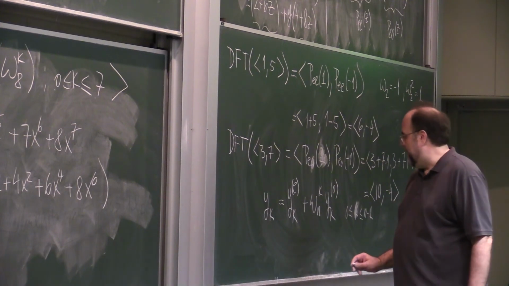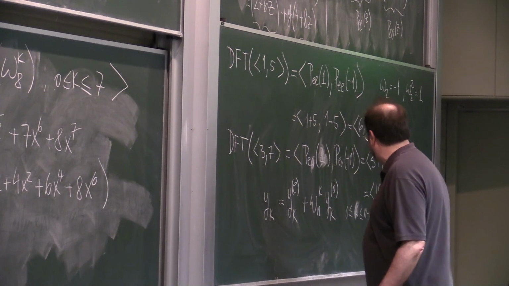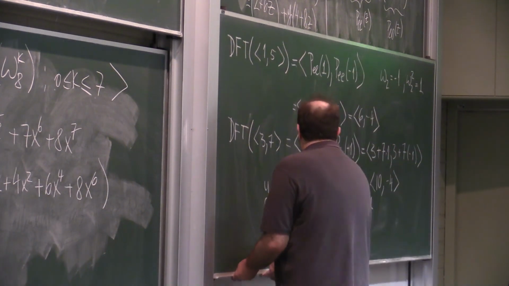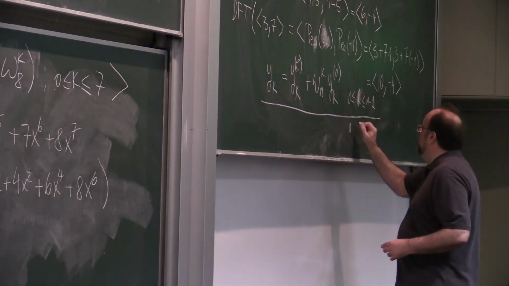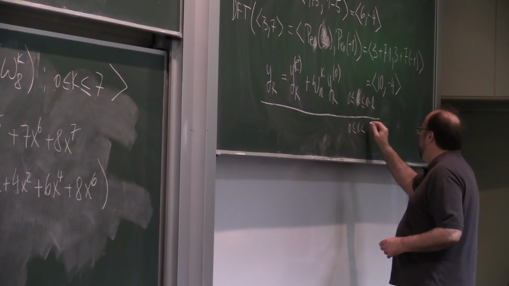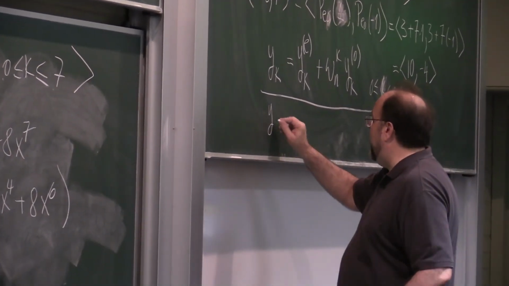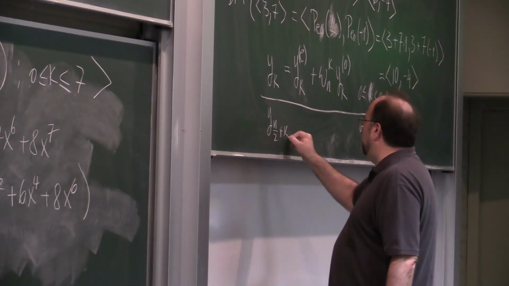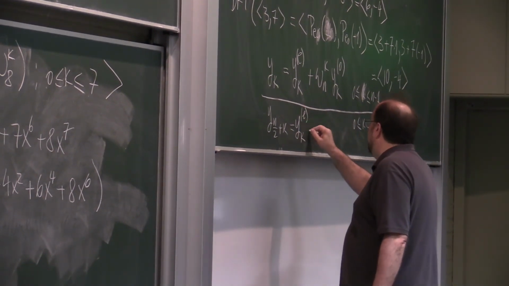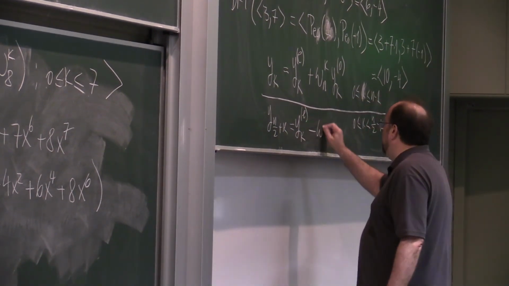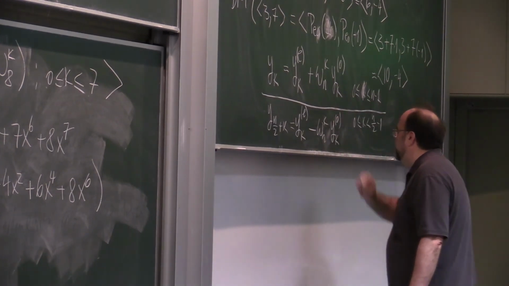But there is an easier way of doing it. Instead of doing that, you can also do this only for k between 0 and n over 2 minus 1, and have y n over 2 plus k equal to y k even minus omega n k y k odd.